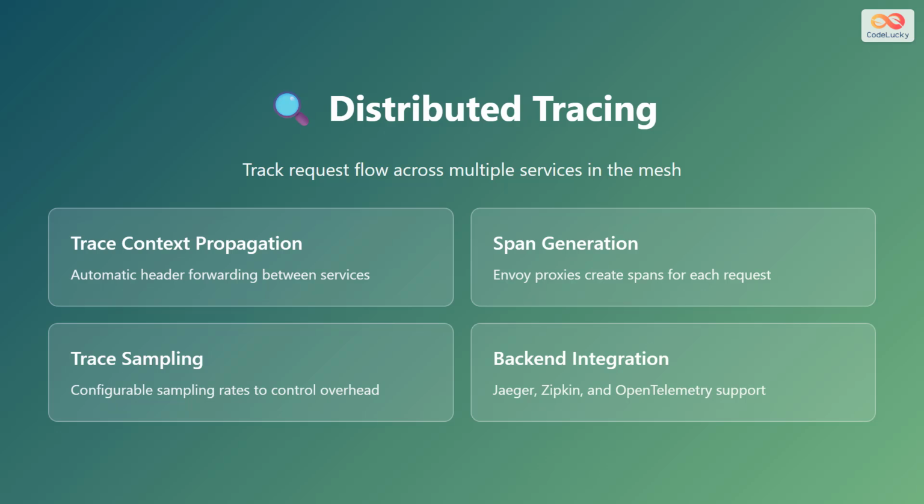Envoy proxies generate spans for each request, capturing timing information and service interactions. You can configure trace sampling rates to control the overhead on your system, allowing you to balance observability needs with performance requirements. Istio supports integration with popular tracing backends, including Jaeger, Zipkin, and OpenTelemetry, making it easy to visualize and analyze traces using your preferred tools.